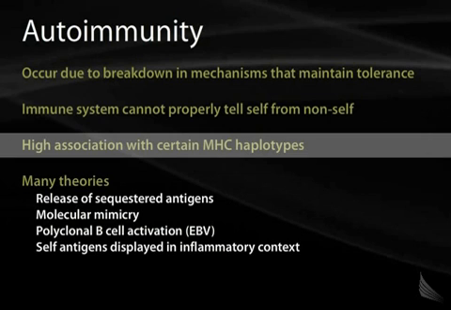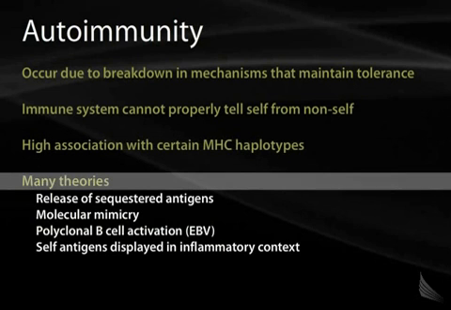However, that's not to say this is Mendelian inheritance, where if you have B27, you will automatically have ankylosing spondylitis, for example. There are several other theories as to why autoimmune diseases occur. Besides being genetic, there has to be some other environmental factor coming into play.